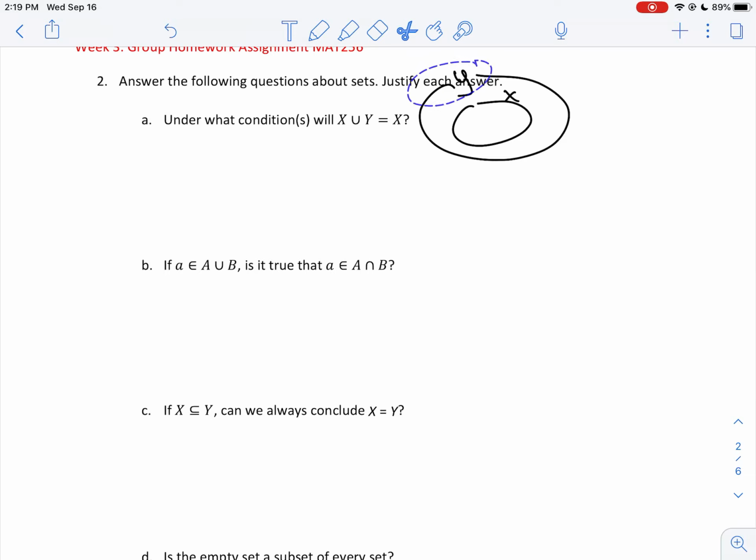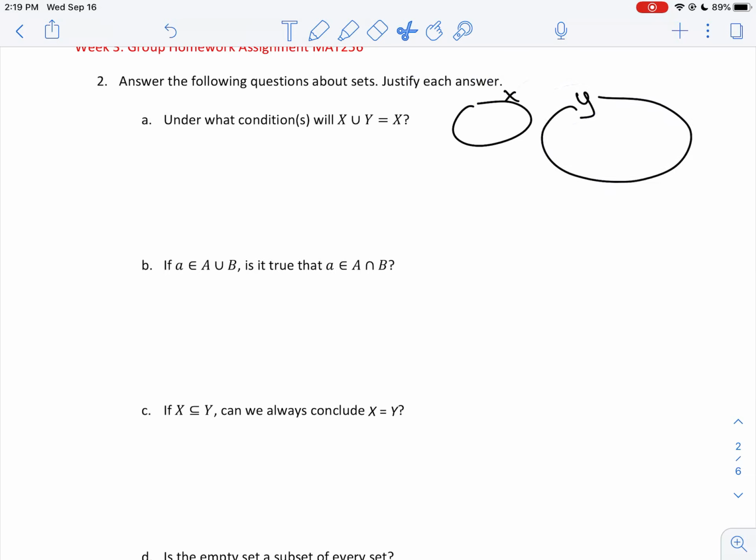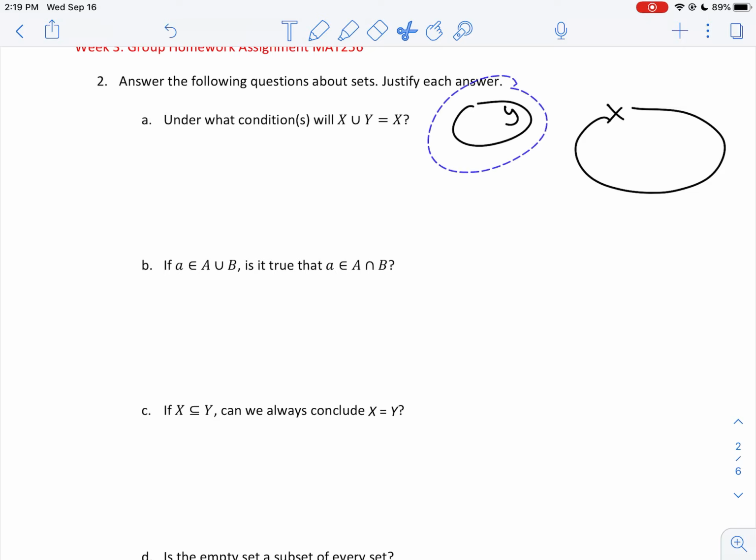And another case would be, what if I switched these labels and said that Y was this one and X was that one, and it was such that Y was a proper subset of X. So then you would say, okay, well, anything in X or in Y winds up being shaded this, and that's just X again.